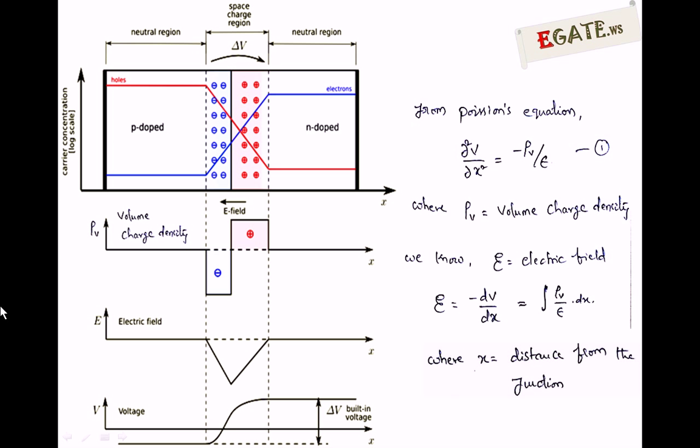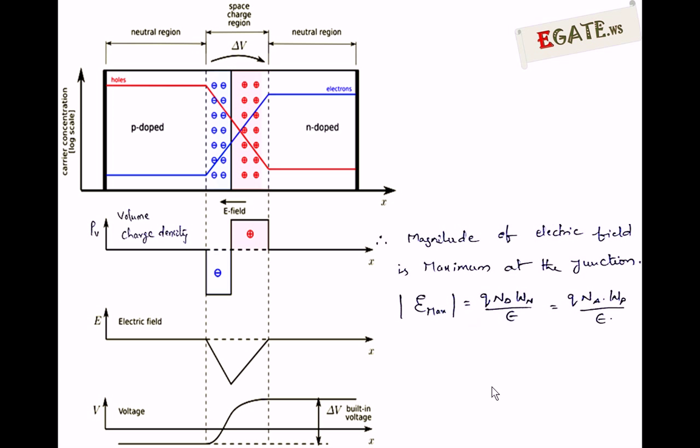The charge may look different if you are dealing with P plus N or P N plus, but actually the total charge is the same, so the total electric field on both sides is the same. That's why you get 0 electric field at this point, because negative is added with positive. Electric field is maximum at this point, remember that.